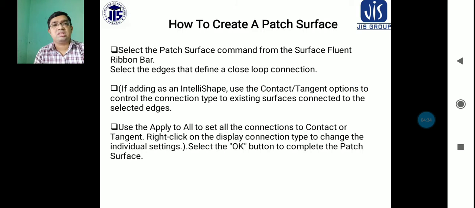How to create a path surface. Basically, select the path surface command from the surface fluent ribbon bar. Select the edges that define a closed loop connection. If adding as an IntelliShape, use the contact or tangent options to control the connection types to the existing surface connected to the selected edge.